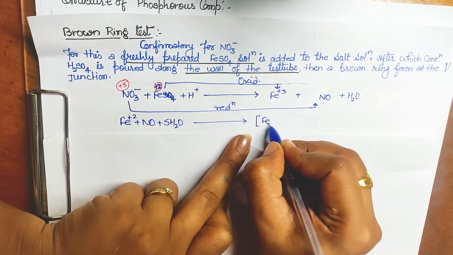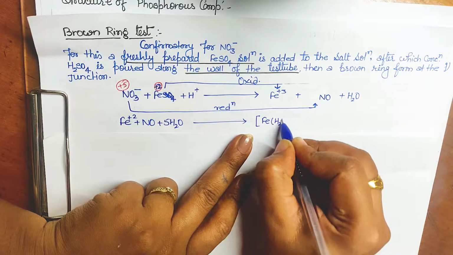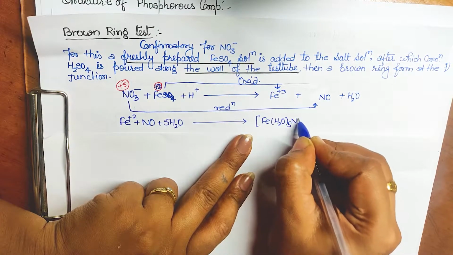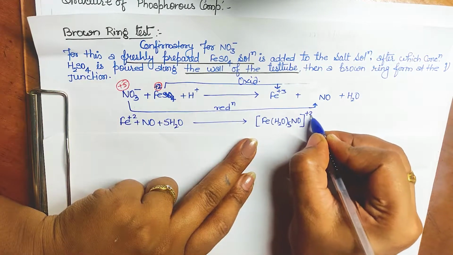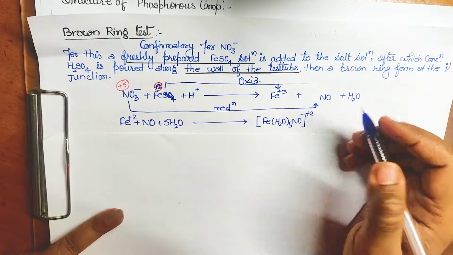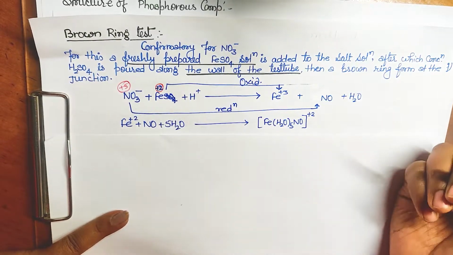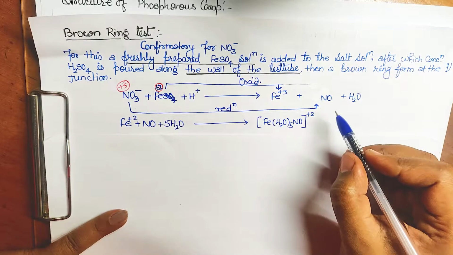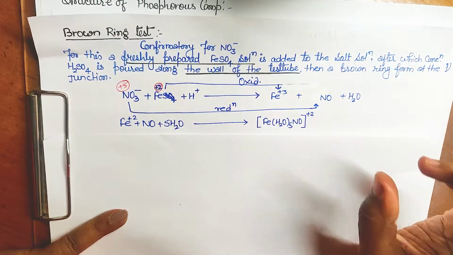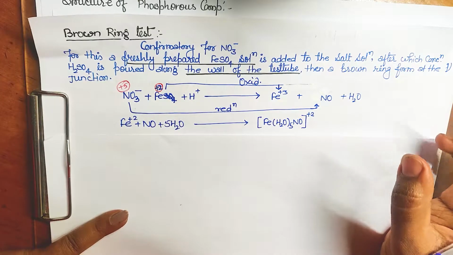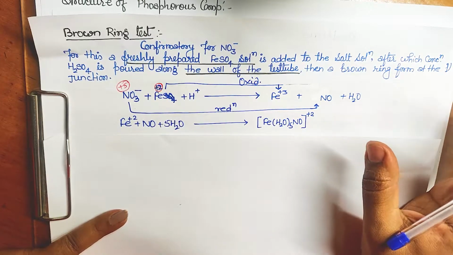Here it is Fe, and this will be Fe(H2O)5NO. See, this is quite contradictory. These things are quite contradictory. Once you do coordination chemistry, if any word ends with the -onium ion, that means it must have a positive charge.